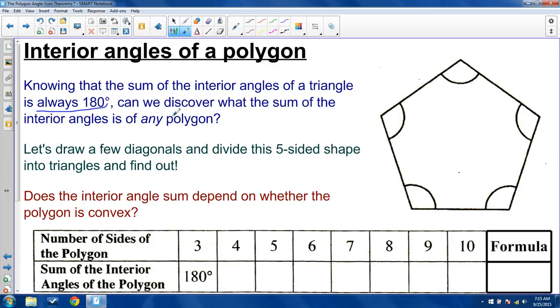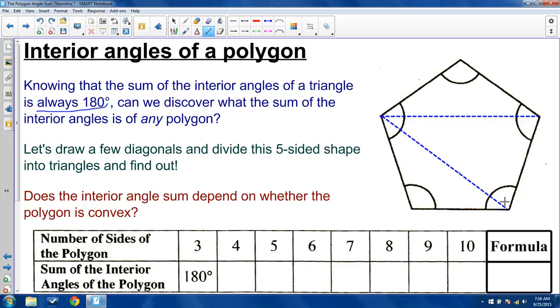But we can also discover what the sum of the interior angles is of any polygon. They're not all 180, but we can do that by drawing some diagonals, because whenever I draw diagonals in this shape, I'm going to make triangles. When I draw a diagonal from here to here, and another diagonal from here to here, I have now created triangles where every interior angle of the triangle is a portion of the interior angles of the 5-sided shape.